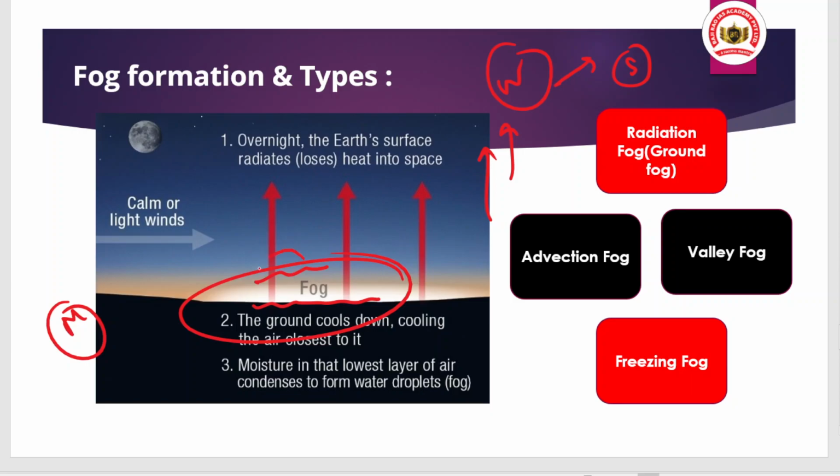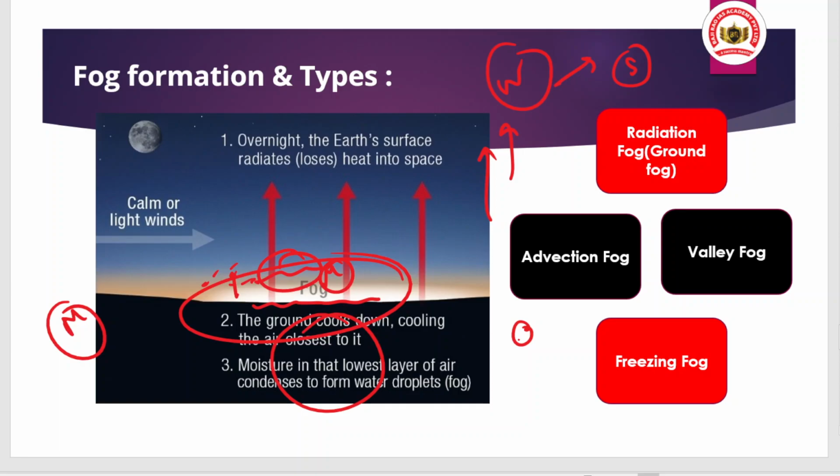And because of that, the moisture present above the ground also gets cooled down and condensed, and because of that the near-ground cloud gets formed that we call fog. So the moisture in that lowest layer of air condenses to form water droplets.